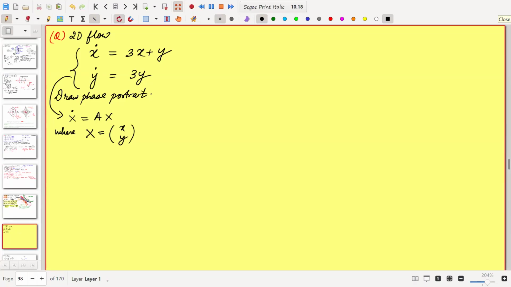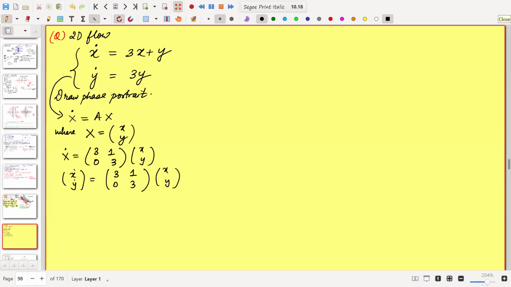Can you tell me what A will be? A will be [3, 1; 0, 3]. Or if you prefer, [x dot, y dot] equals [3, 1; 0, 3] times [x, y], right?